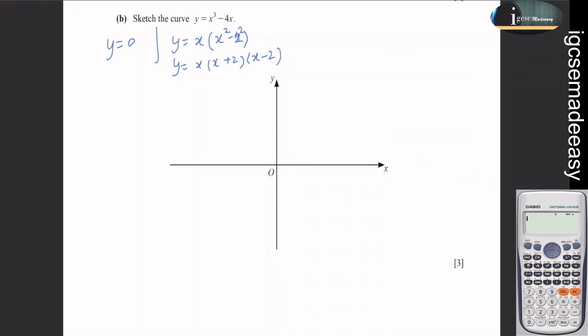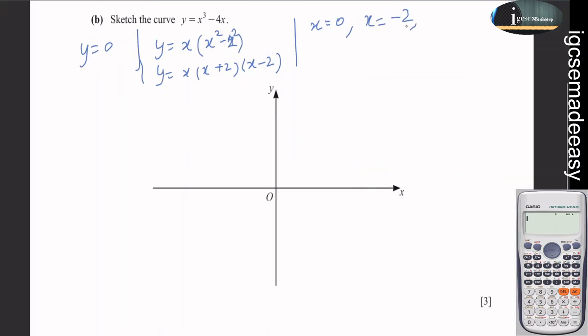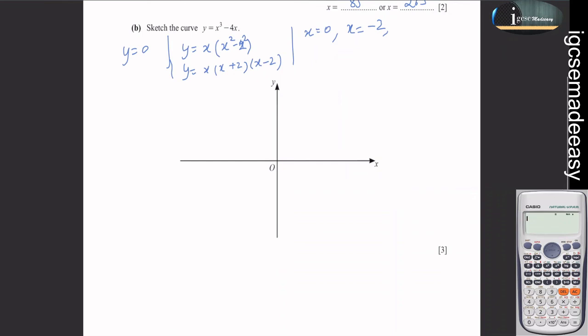So if I put y equals 0 in this case, I'm trying to find where the curve cuts the x-axis. Putting y equals 0, I'll get x equals 0 as one value, the other value is x equals minus 2, and the other is x equals plus 2.